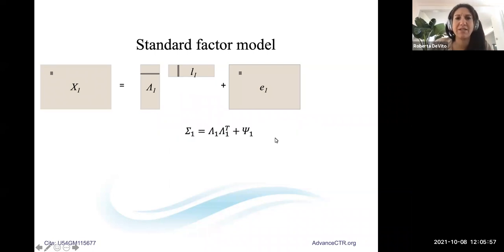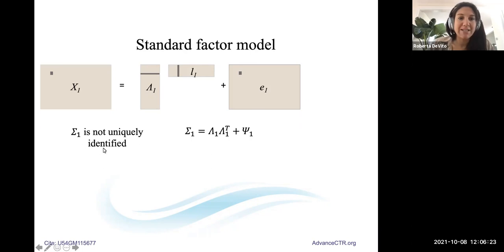As a consequence, in the standard factor model, you can decompose the covariance matrix into two different pieces. As you can see, the piece with lambda is coming from the latent component, and the other component is coming from the covariance matrix of the error term. Right now, we have one problem in the standard factor model.